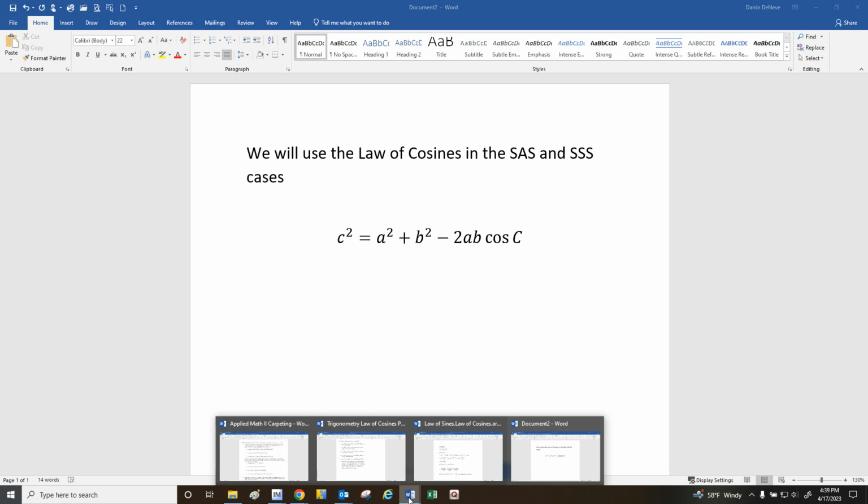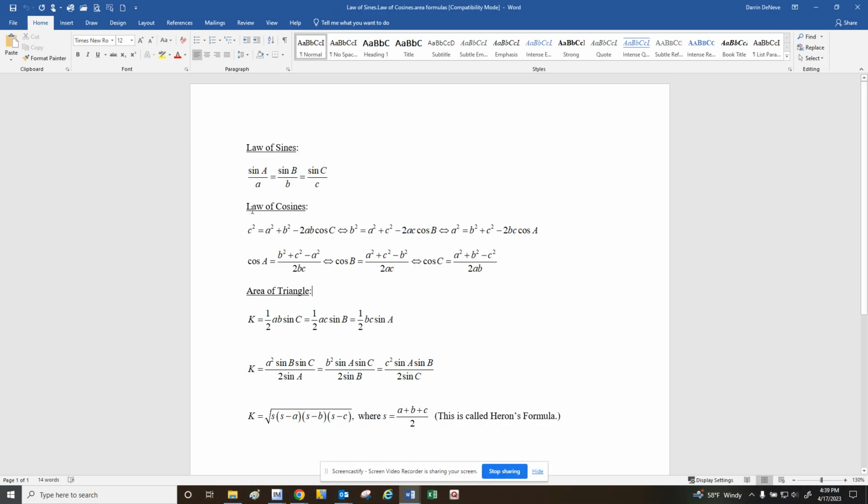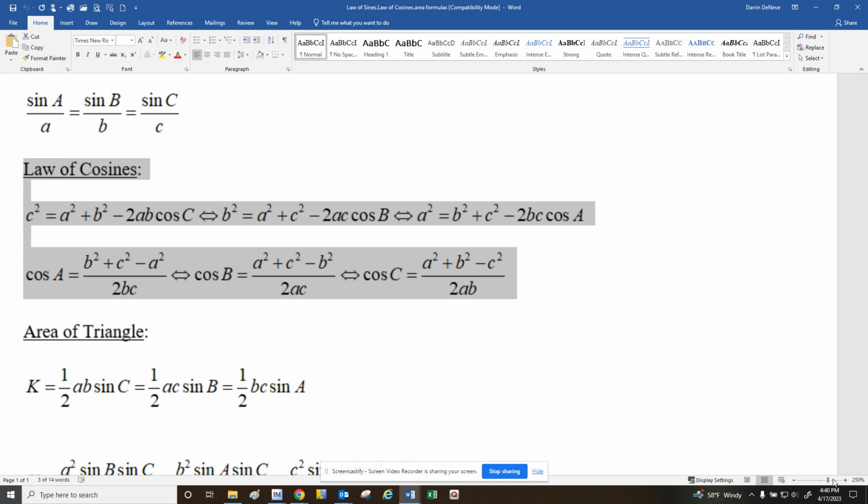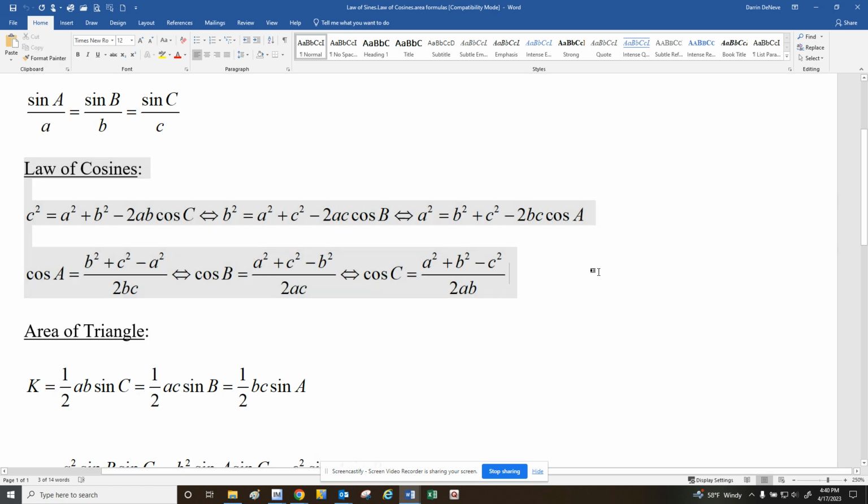It's also true that you could solve that formula for cosine C. You could have solved it for any of the letters. I'm just going to show you here on the screen that these are also different versions of the same law.